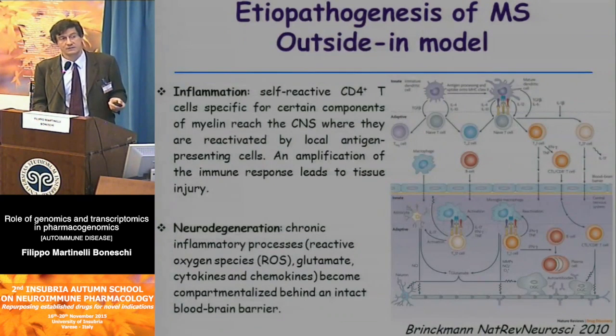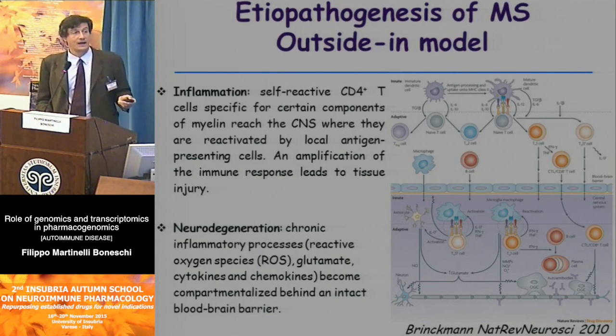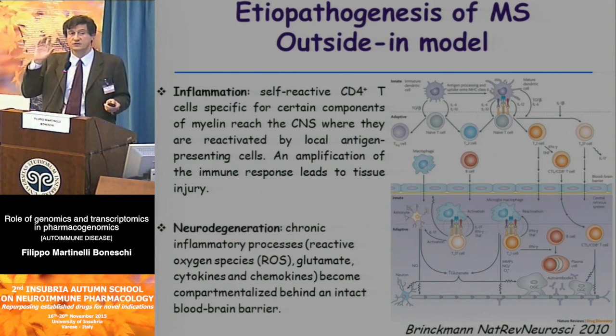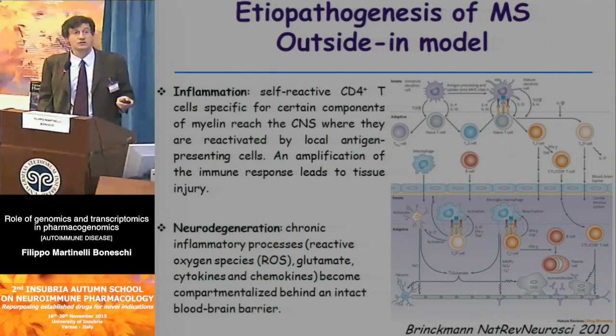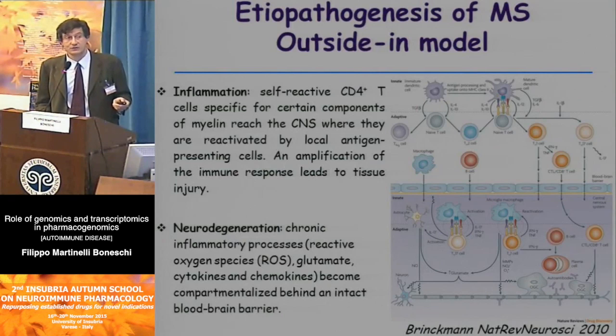They probably cross the blood-brain barrier, where they are reactivated by local antigen-presenting cells. And an amplification of the immune response in the central nervous system leads to tissue injury. So this is the so-called inflammatory phase, the first phase of the disease, which is the phase better targeted by anti-inflammatory drugs.